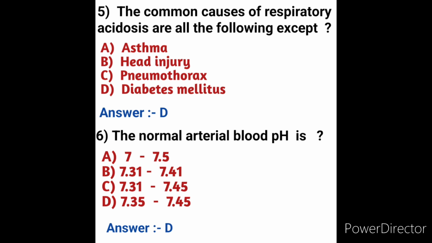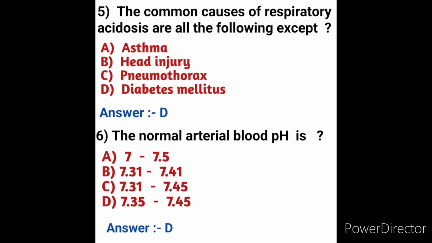Here option D is the correct answer, 7.35 to 7.45. Normal arterial blood pH is 7.38 to 7.42 actually. Here the range between 7.35 and 7.45 is the correct answer, option D. The best range for arterial blood pH is 7.35 to 7.45.